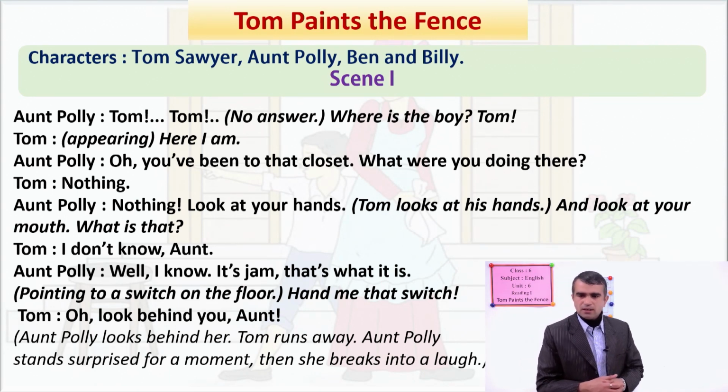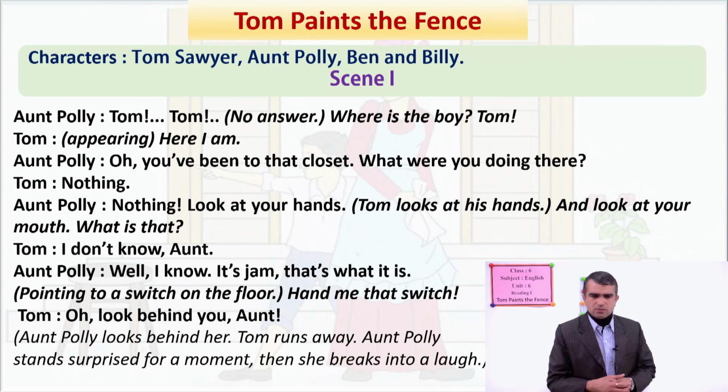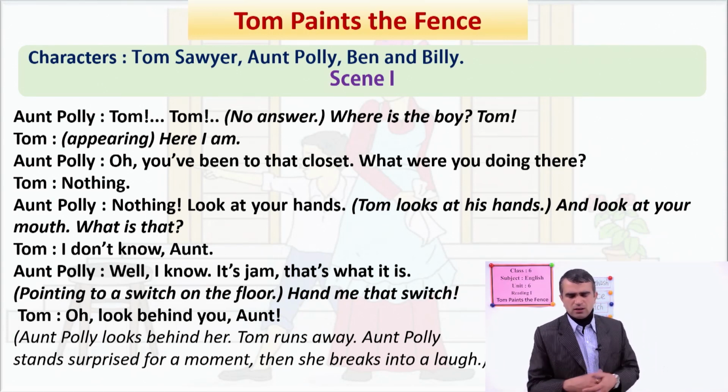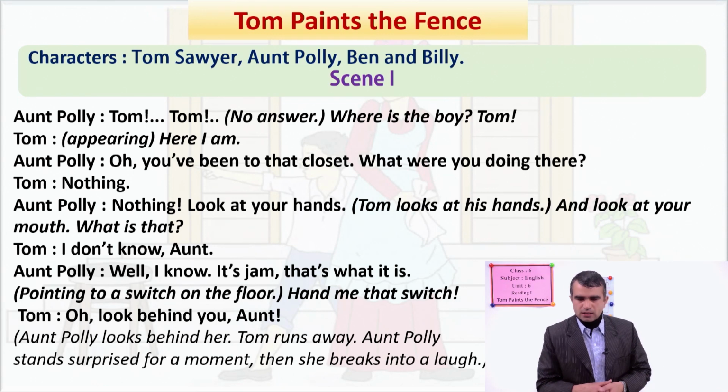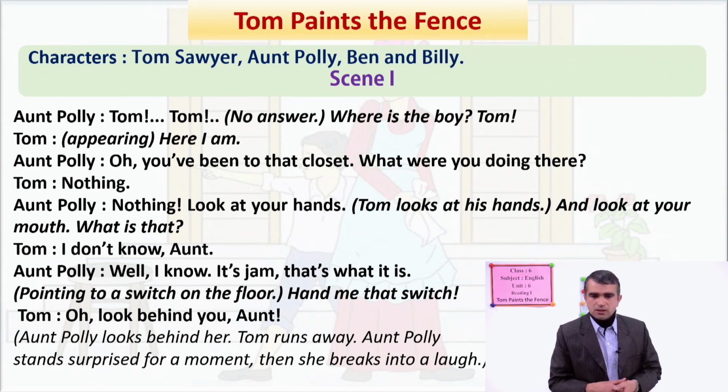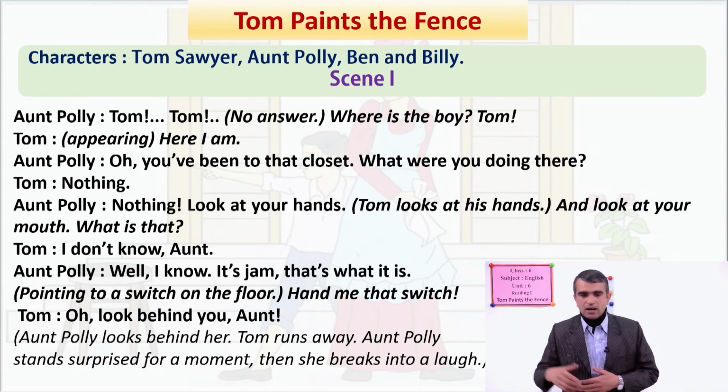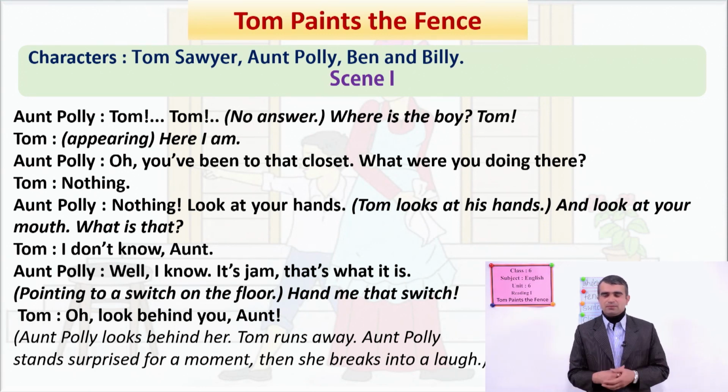Tom looks at his hand. And look at your mouth. What is that? Tom. I don't know, Aunt. Aunt Polly. Well, I know, it's jam. That's what it is. Pointing to a sweet on the floor. Hand me that sweets. Tom. Oh, look behind you, Aunt. Aunt Polly looks behind her. Tom runs away. Aunt Polly stands surprised for a moment, then she breaks into a laugh.